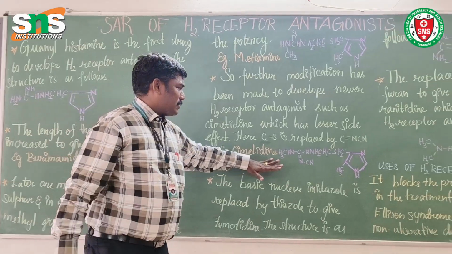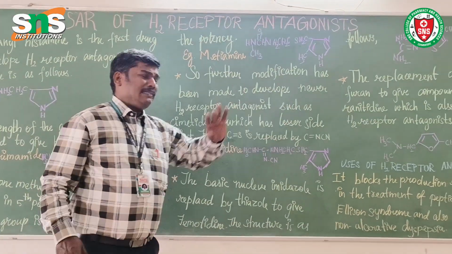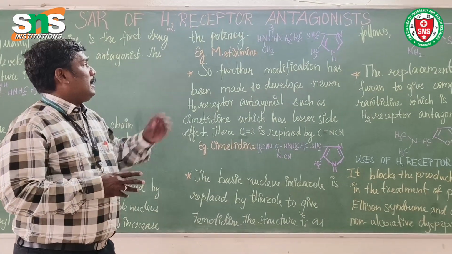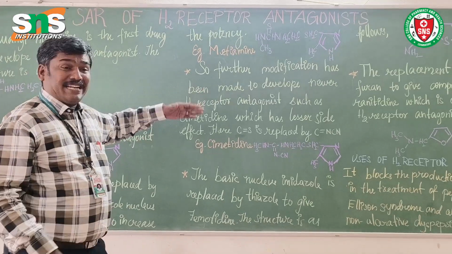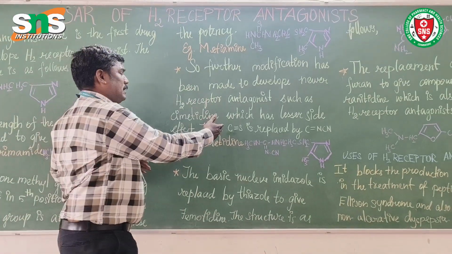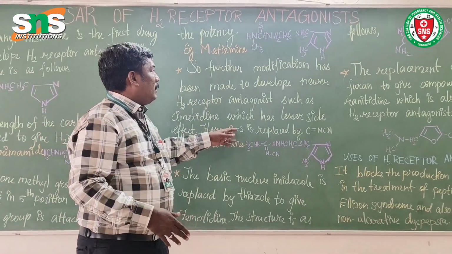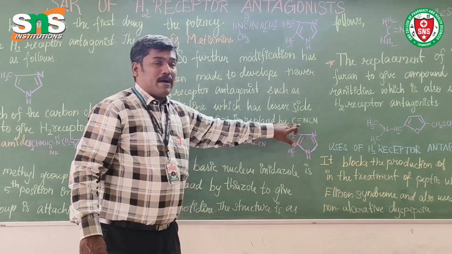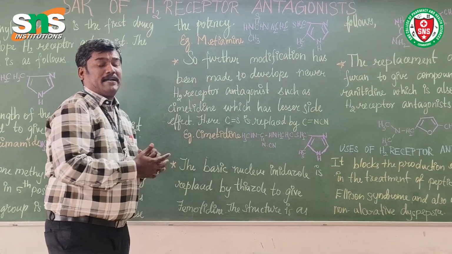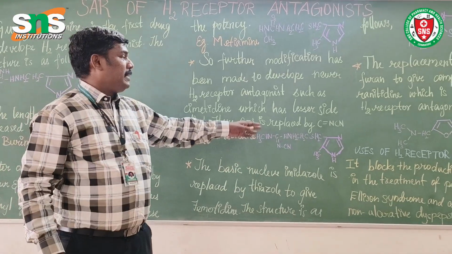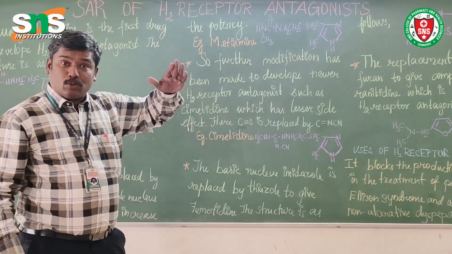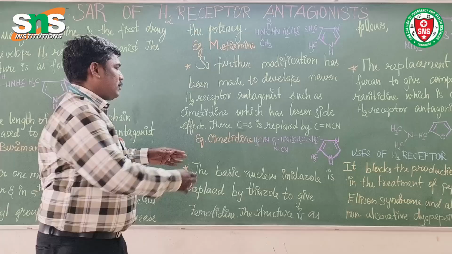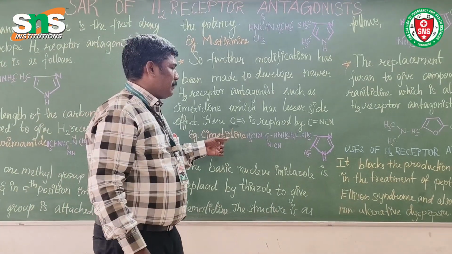What modification have they made here? Instead of C double bond S, they replaced it with C double bond N, CN, in order to reduce the side effects. So this is the example, Cimetidine.